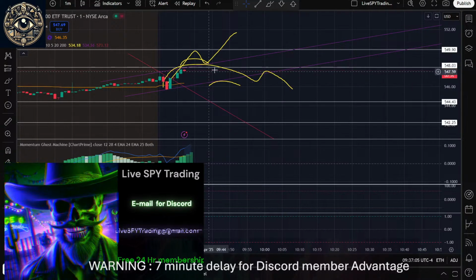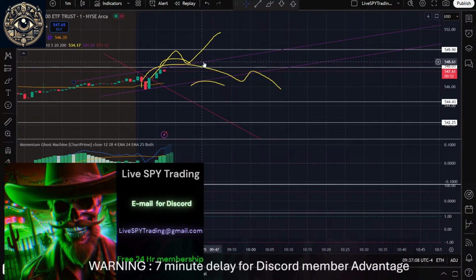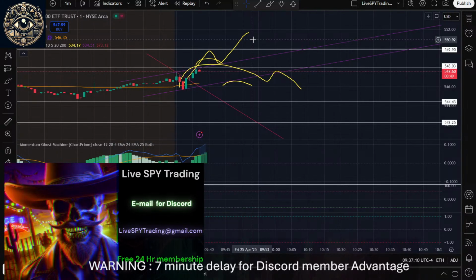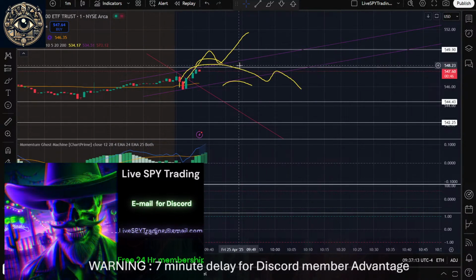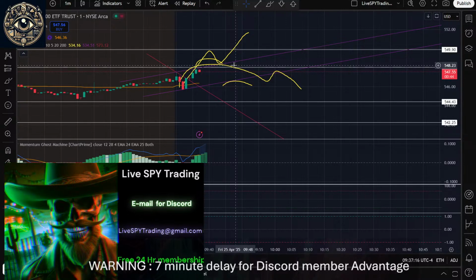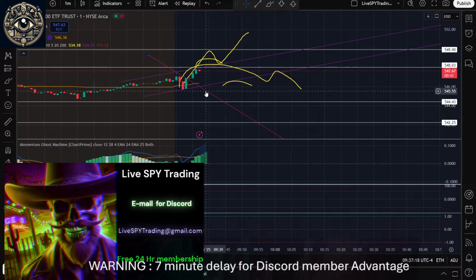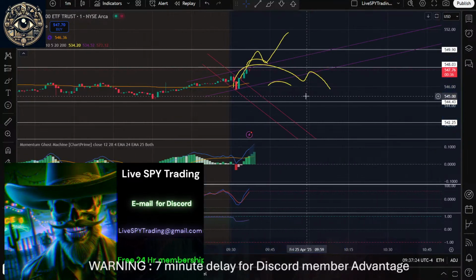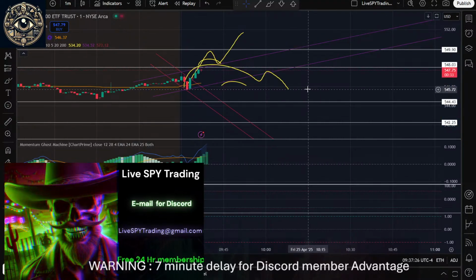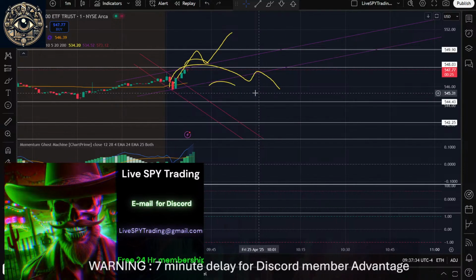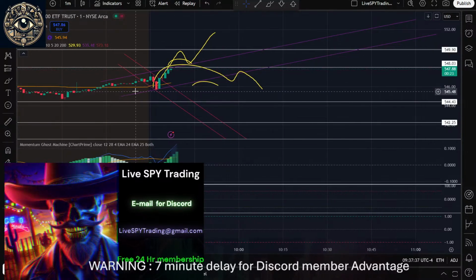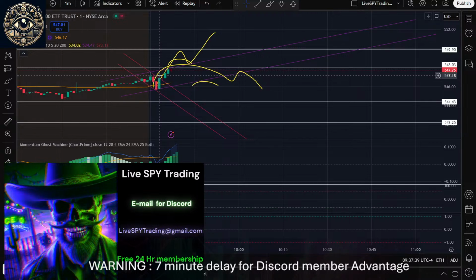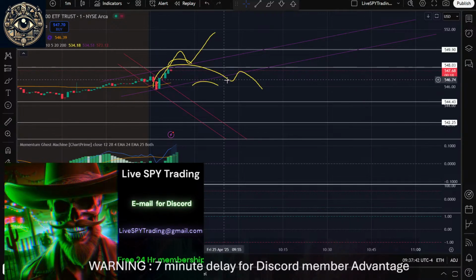So bounce off VWAP. We're going to hit key level. This purple might be holding up so far. Looks like a momentum candle right here. Let's see how much strength that has.